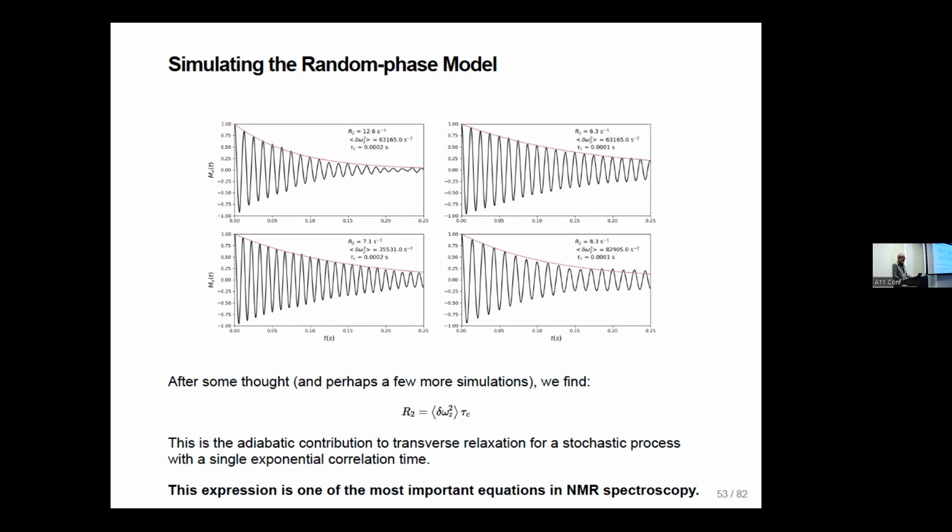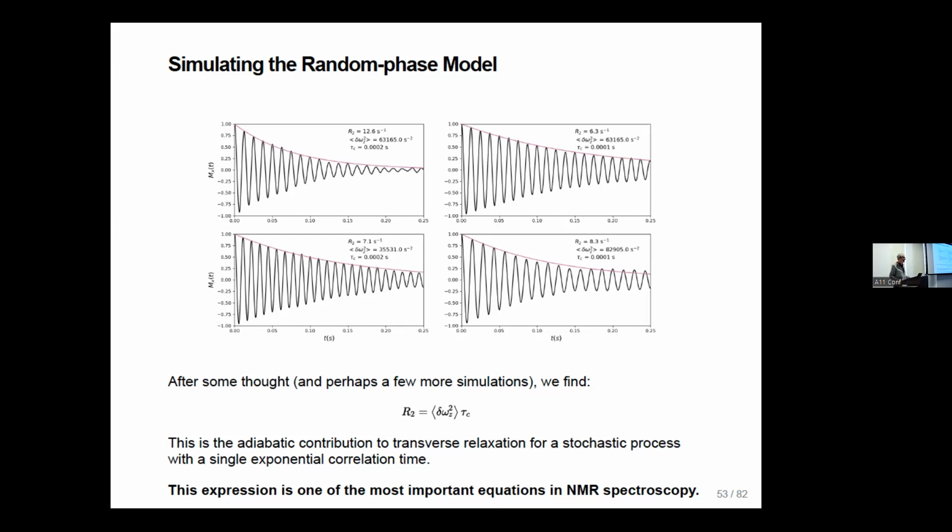The dominant effect for macromolecules in solution, R2 is variance times time. And you can get an awfully long way in solution NMR only knowing that.